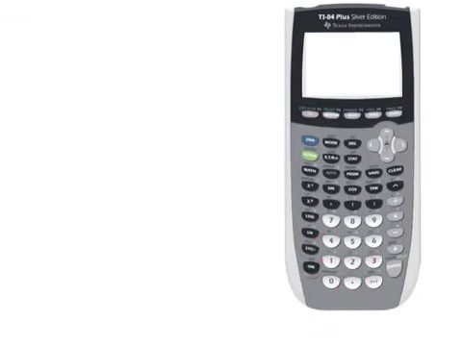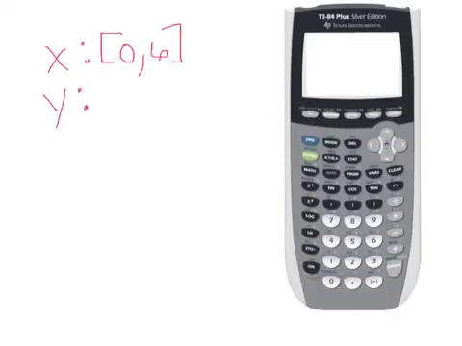Now that we have our data entered and we have our stat plot turned on, we need to set up our window. If you remember our data set, our X values, or the number of hours, were between 0 and 6, and Y was between 400 and 1130.